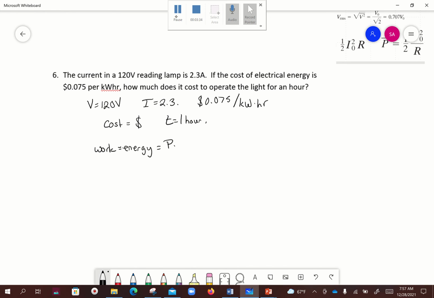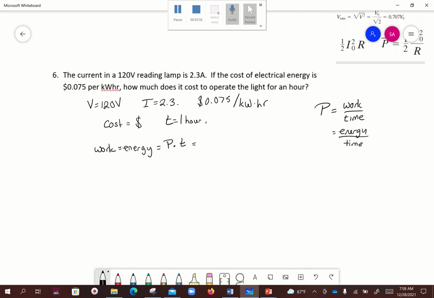If you remember from physics 1, we had the definition that power is equal to work over time, or energy over time. So you're being billed for the energy that the power company is sending you. All right, so power times time.